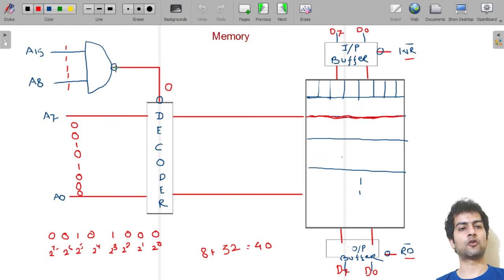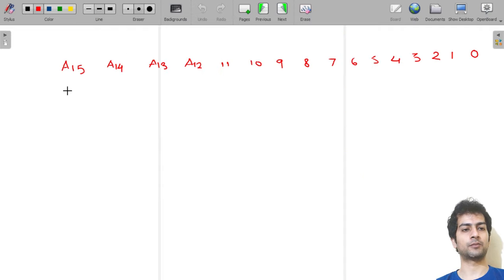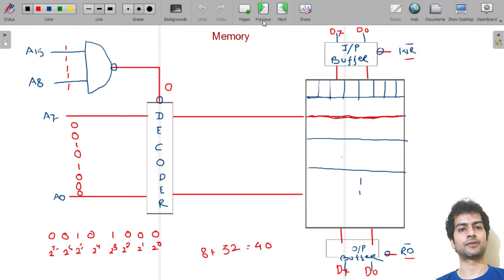See here, if we want to get a 0 at the output of the NAND gate, then all of A15 to A8 have to be 1.